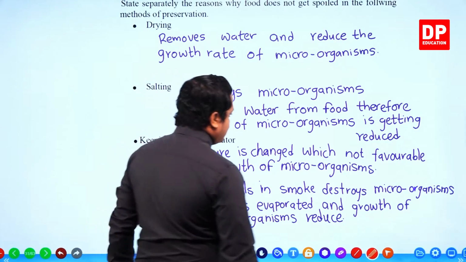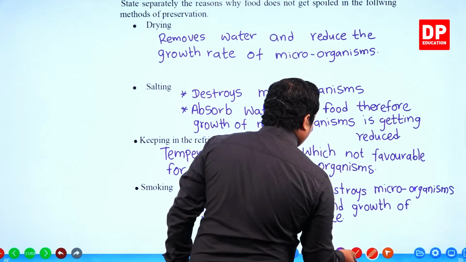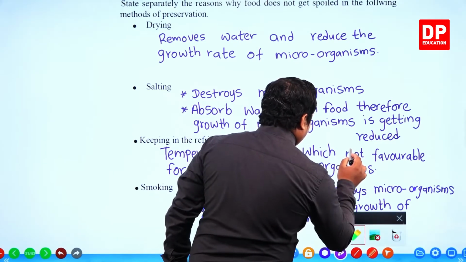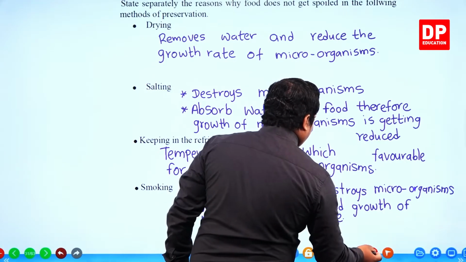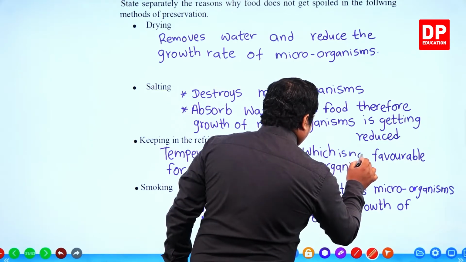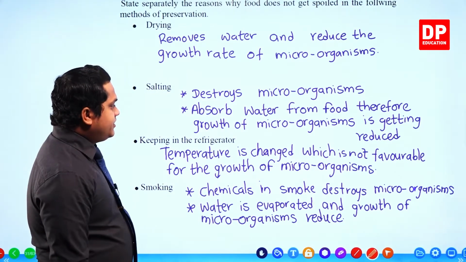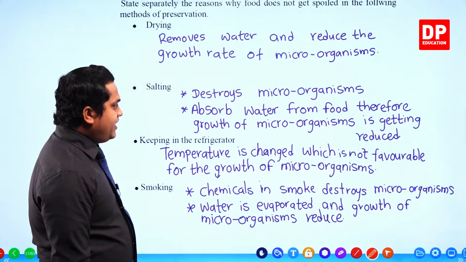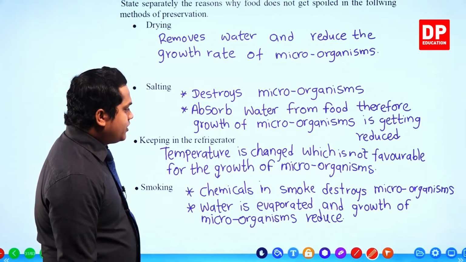We'll put it as which is not. Which is not favorable. So temperature is changed, which is not favorable for the growth of microorganisms.